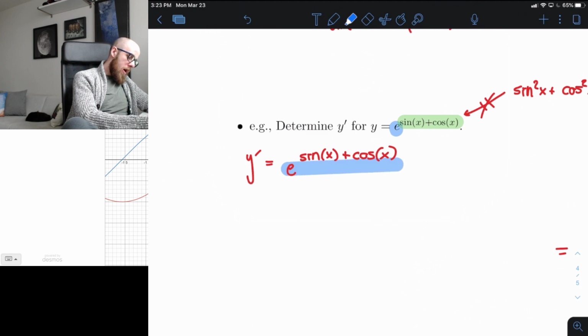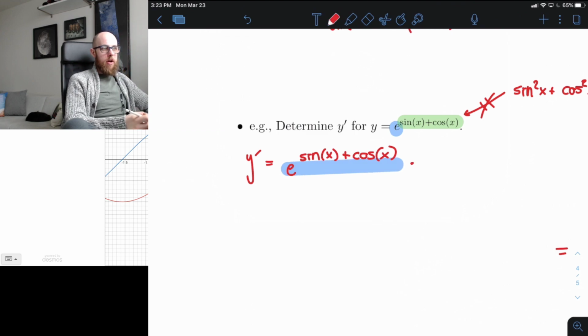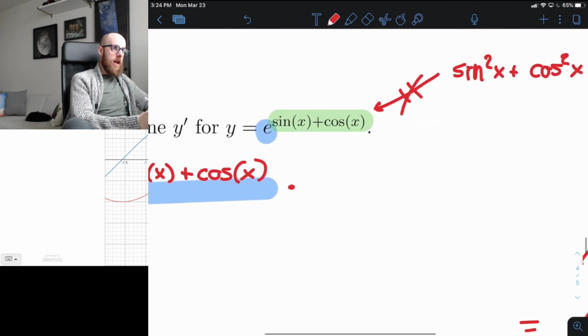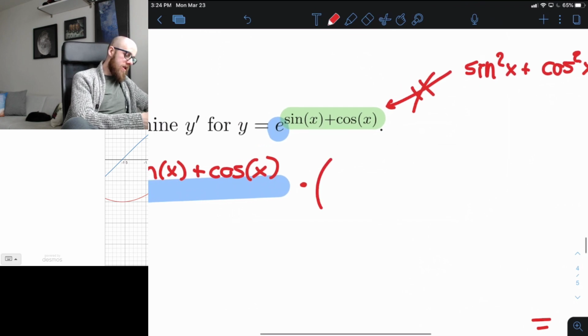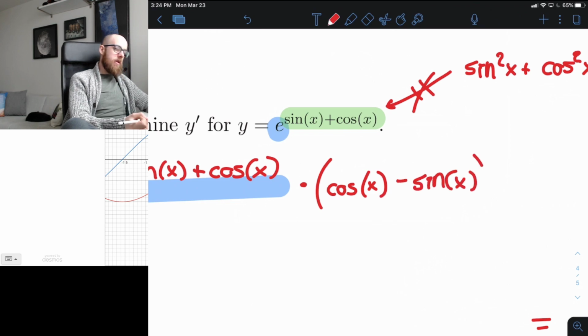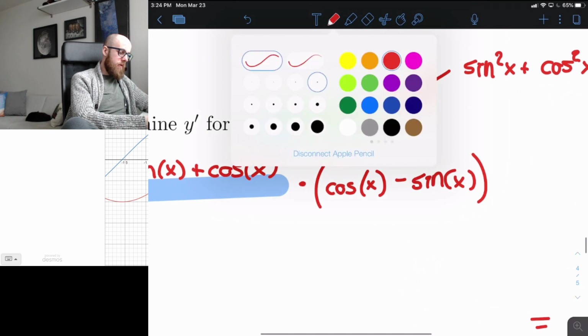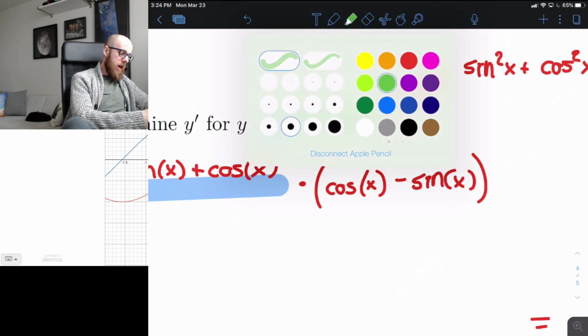But here comes the chain rule part. I still have to remember to multiply by the derivative of my inner function. So the derivative of sine x plus cos x is cos x minus sine x. That's the derivative of my inner piece there.